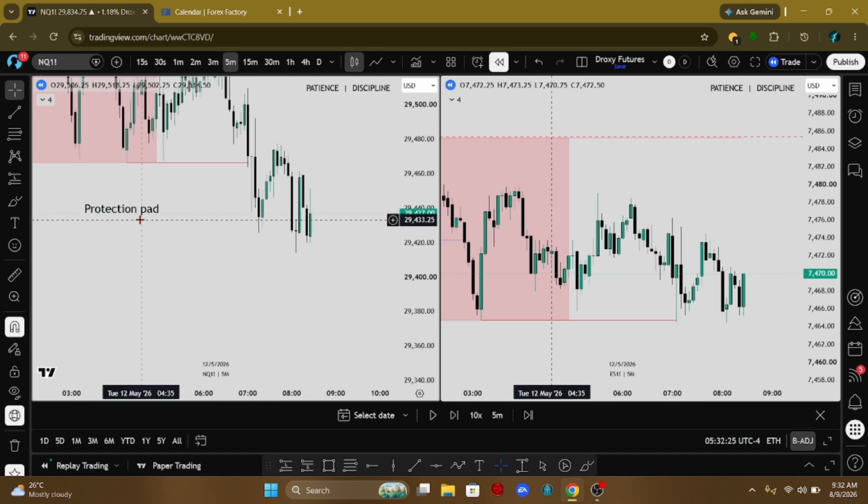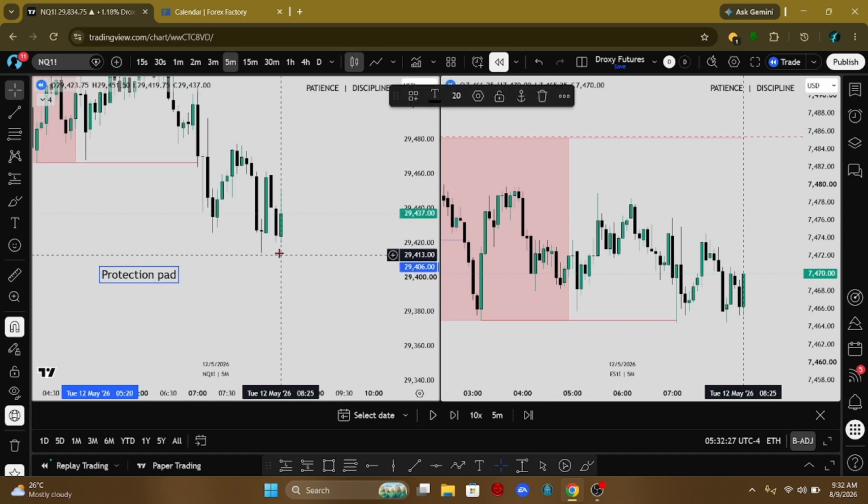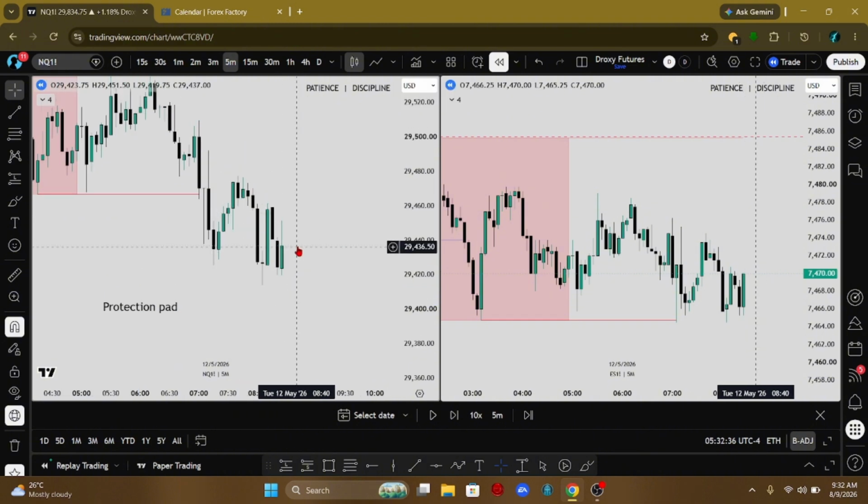The next candle is the 8:30 candle, and this is the candle we want to catch. At this area, a couple of distance above the current price, which is at 29,437, we put our buy stops here. A couple of distance below the current price, we put our sell stops here.